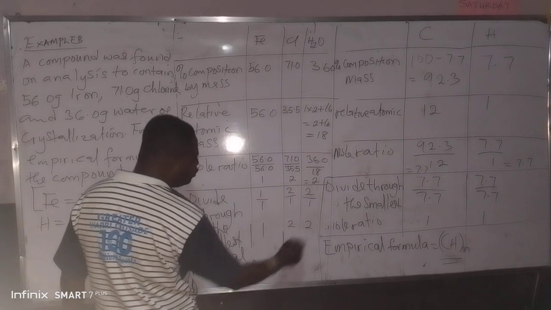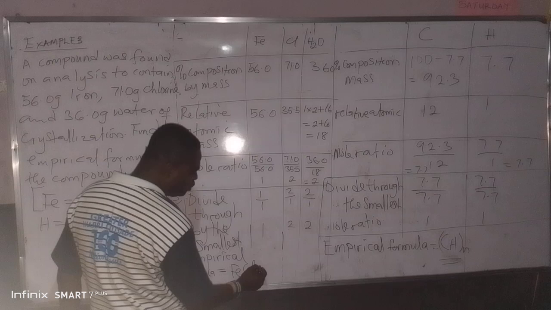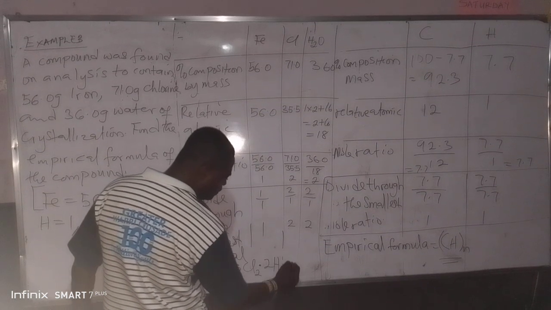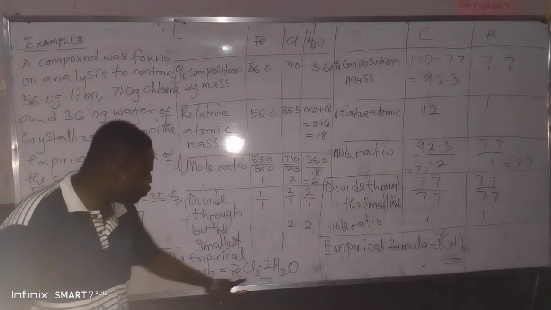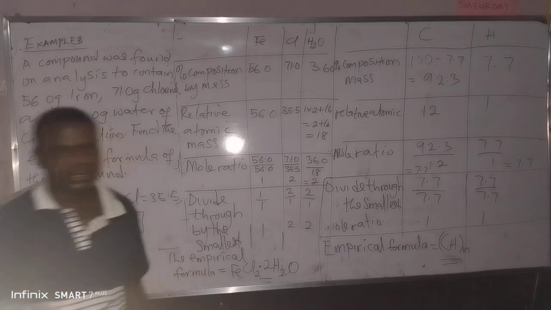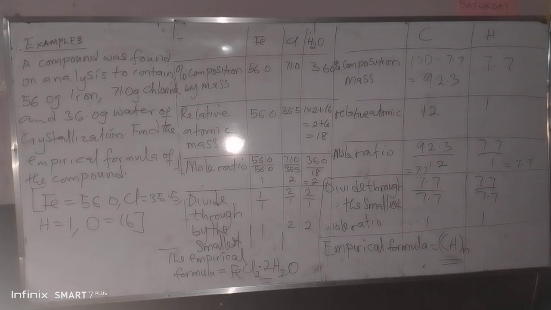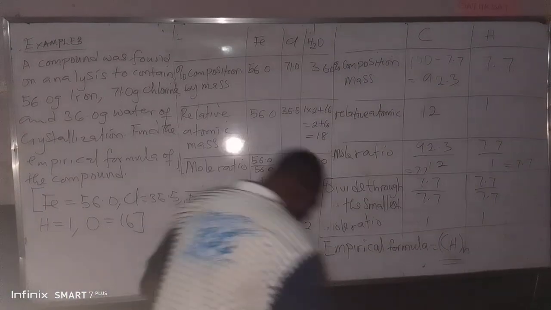Then H2O, these 2, because it's water of crystallization, you must put a dot and put these 2 behind H2O. So the name of this compound is iron(II) chloride dihydrate. We are going to learn that in third term SS1, where we'll be talking about acids, bases, and salts. So that's hydrated salts. Now let's go on.